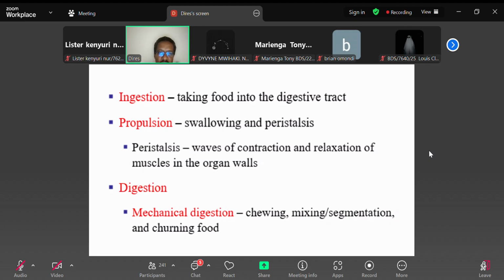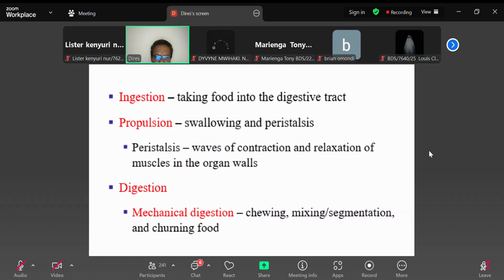The most important digestion in the stomach is mechanical digestion, churning. Because look, when you swallow, the food has the shape of a ball. We call it bolus.